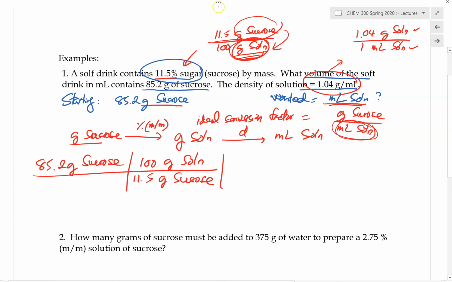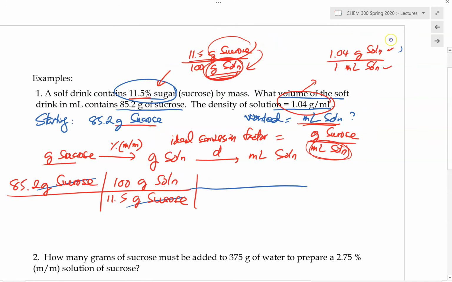Now we can see that the gram of sucrose gets cancelled out, and we are left with gram of the solution. Now we have to convert from gram of solution into milliliter of the solution, so we use the density as the conversion factor. We have to put gram of the solution on the denominator, and the value of this is 1.04.